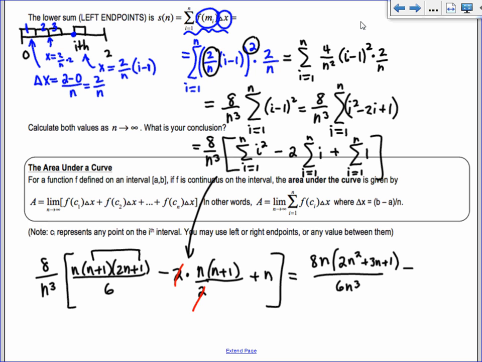So I'm going to have 8 times n plus 1 over 6. No, not 6, over n cubed. Almost got a bonus point. Were you on it? All right, and then plus 8n over n cubed. Okay, so we're just distributing the 8 over n cubed.